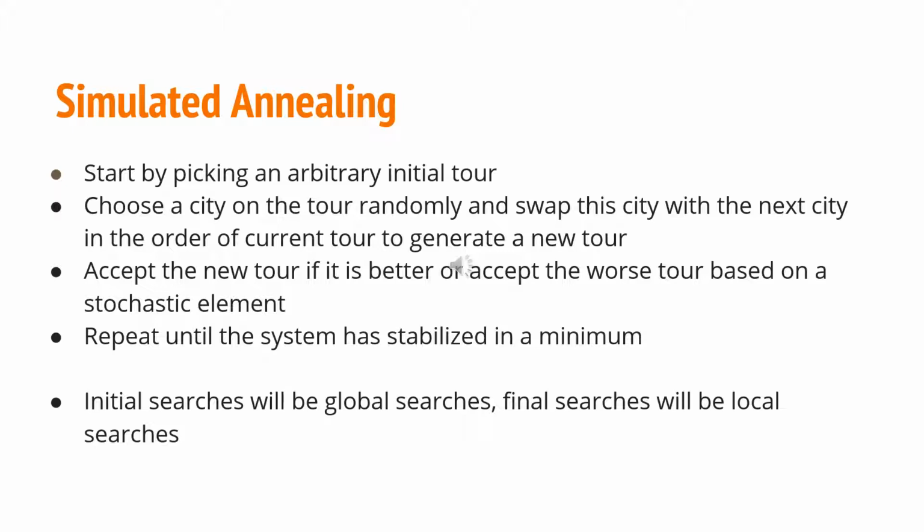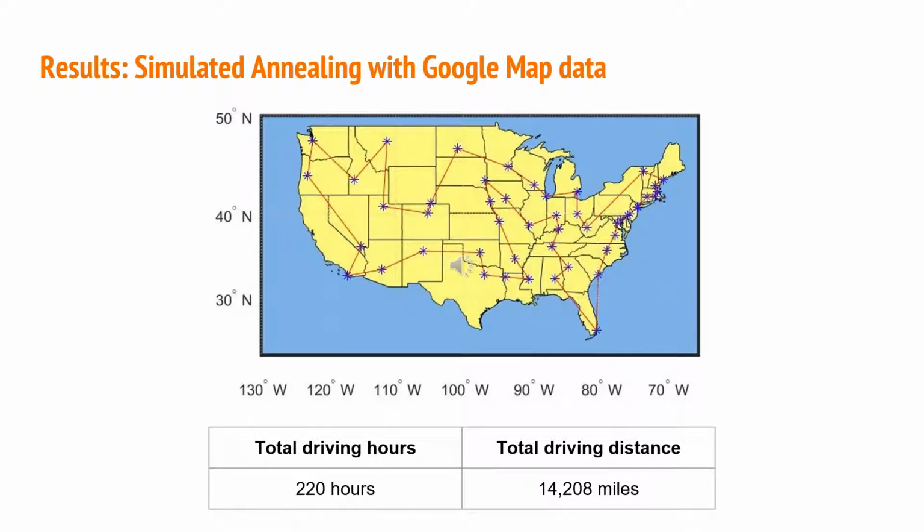If it improves the objective function, it will be accepted. As the search becomes more localized, suboptimal search directions will be less accepted until the search becomes strictly along the direction of improvement. Here gives the best solution for simulated annealing.